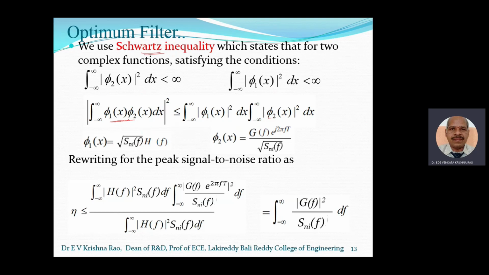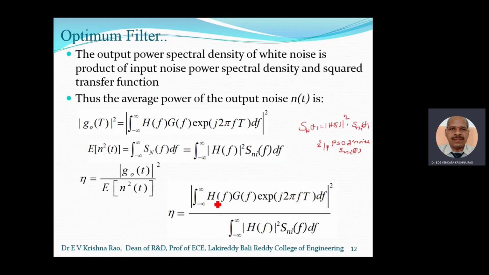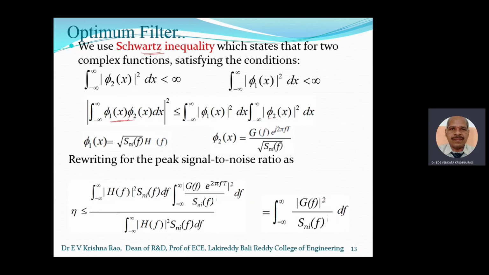Now from the above condition we assume the product of phi 1 of x and phi 2 of x, in terms of g of f, h of f and e power j2 pi f t.